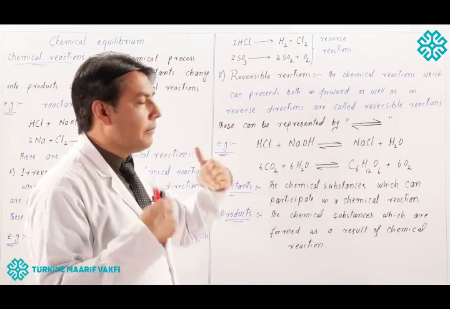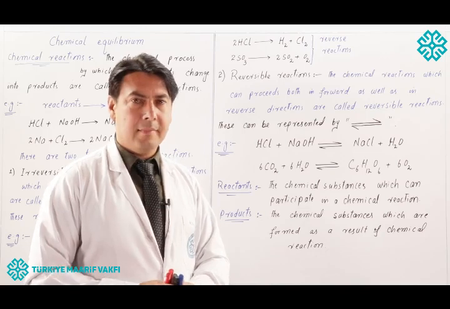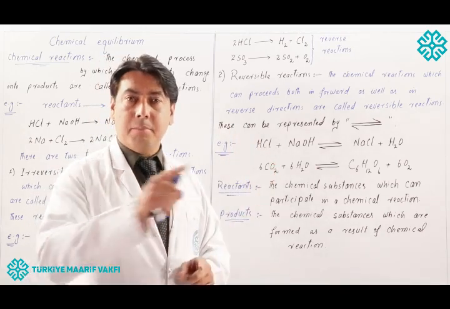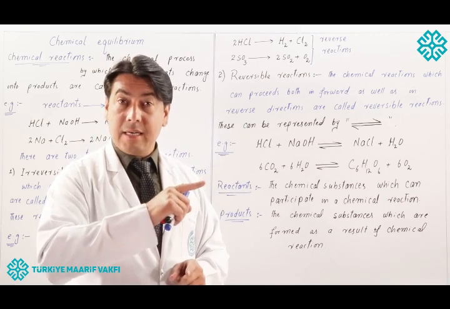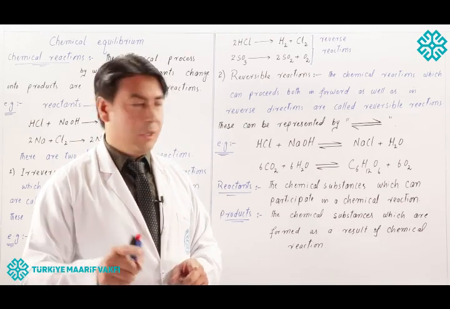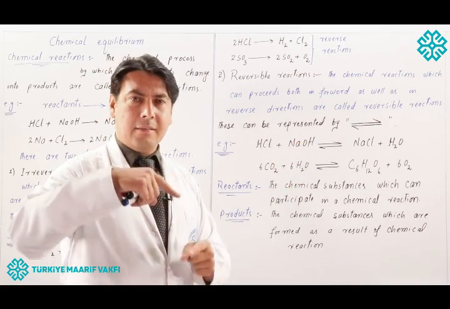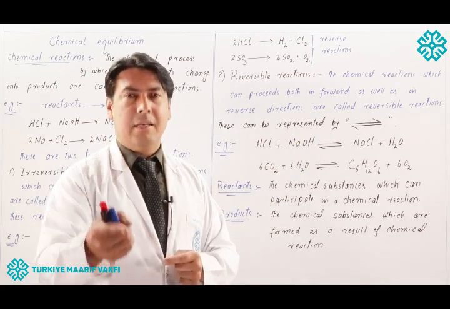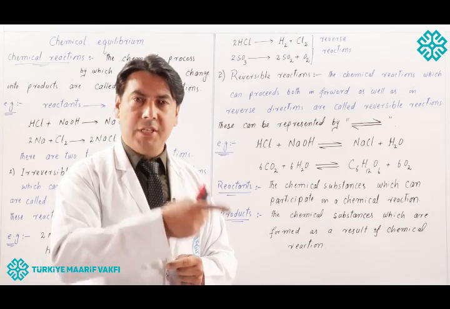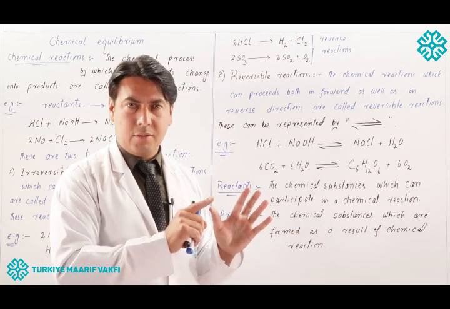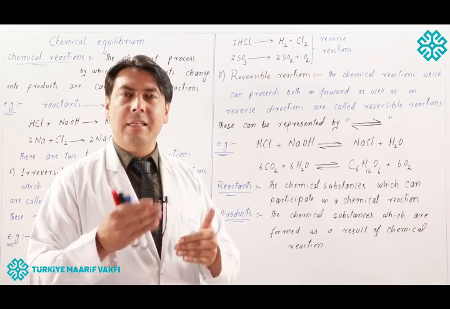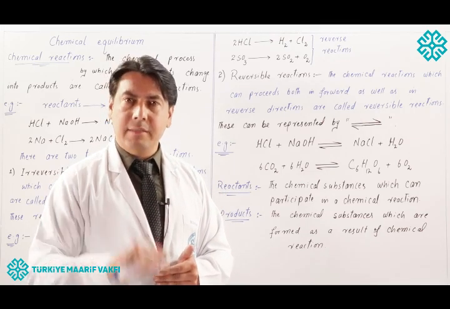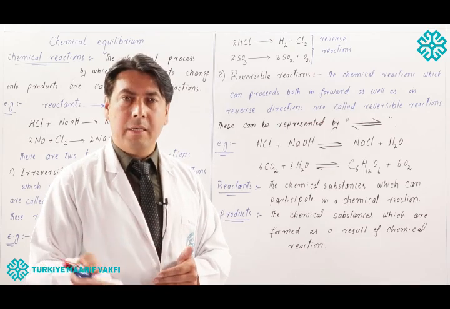Reversible reactions can be represented by a double-headed arrow, which shows that the reactants can be changed into the products and the products can also be changed into the reactants. So these reactions can proceed in both forward and reverse directions. Therefore, they are called reversible reactions.